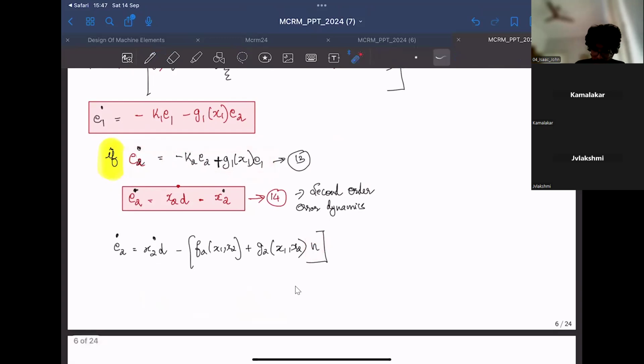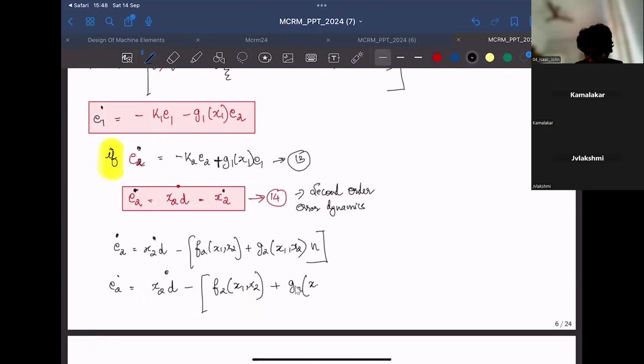So through some manipulations, E2 dot could be written as x2 desired dot minus f2 of x1 comma x2 plus g2 of x1 comma x2. In place of u, I can write g2 of x1 comma x2 inverse, so both of these terms will get cancelled.